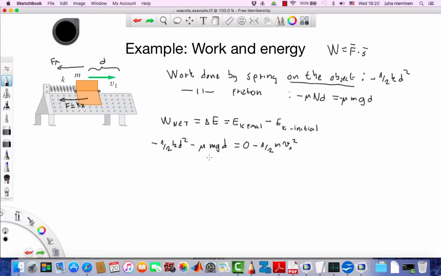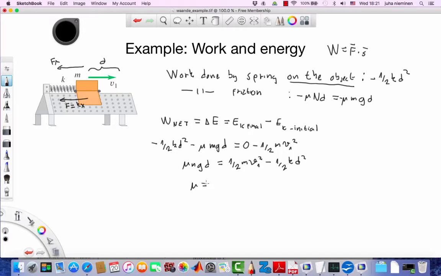We are solving for mu, so we'll isolate that, multiply everything by -1 to start with, and then move this one to the other side, so we get mu mg times d equals half mv1 squared minus half times k d squared.